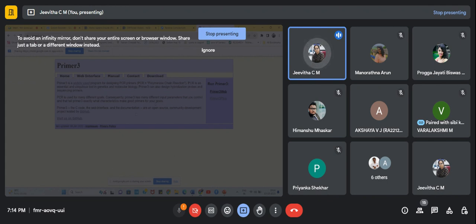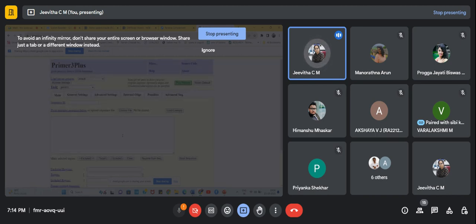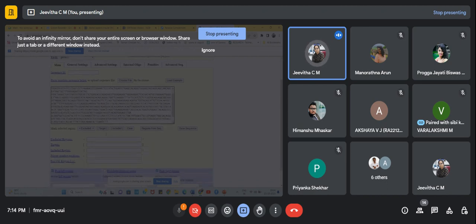So this is the basic software we'll be using for primer designing. When you give the sequence, you'll automatically get the output. But there are certain criteria you have to look at, which I'll be telling you. You can delete these additional wordings. Spaces don't matter, but you should not have any characters in between.